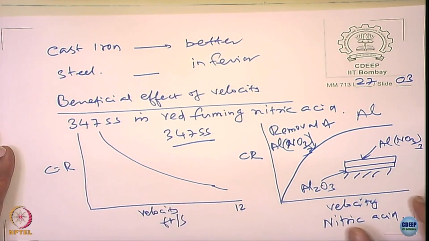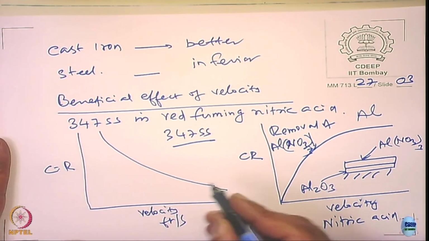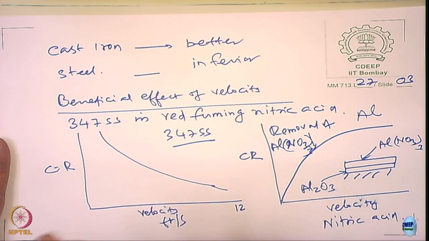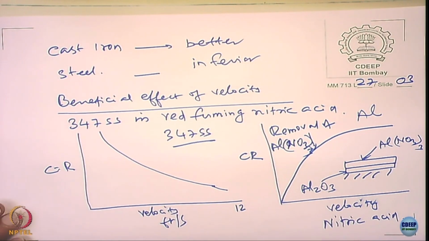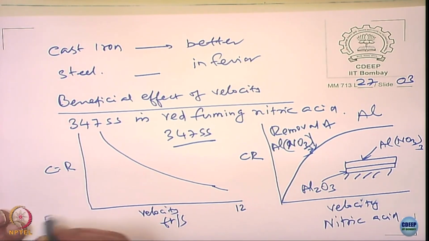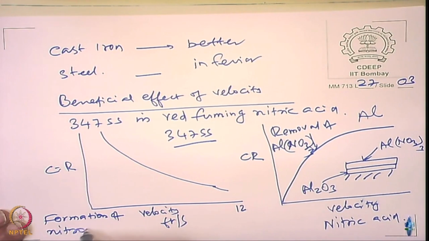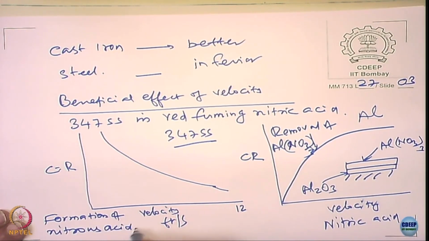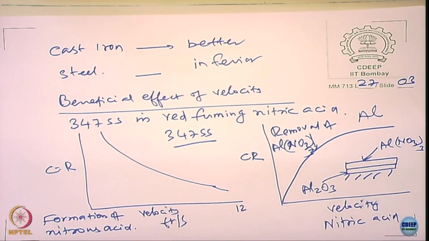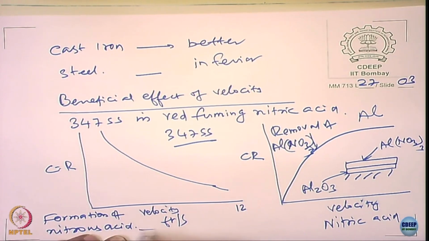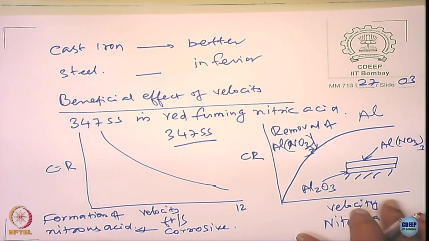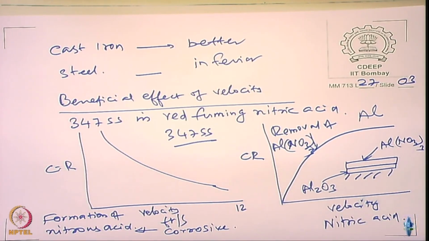The stated mechanism is that the corrosion of steel in nitric acid leads to the formation of nitrous acid, and the nitrous acid is corrosive, okay. Now what happens?